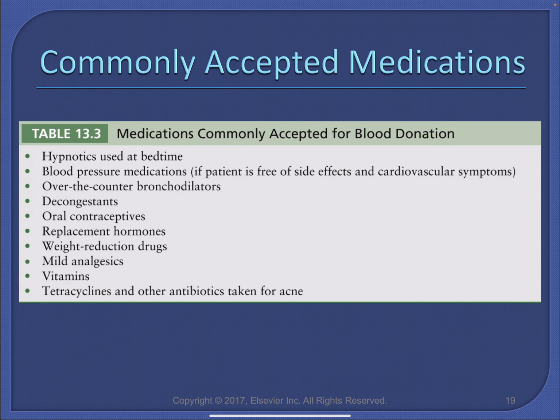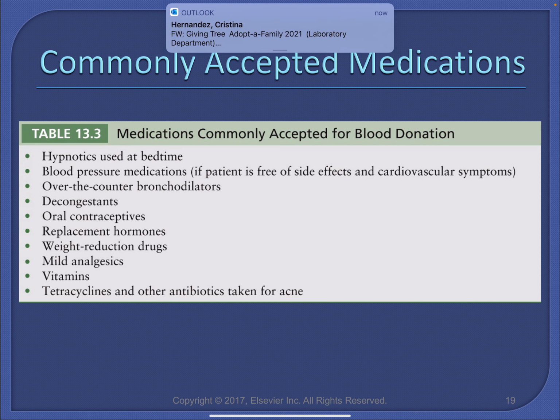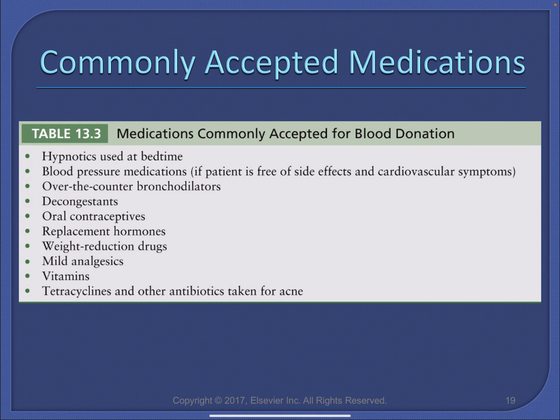I keep saying patients. Okay, there are certain medications that cause deferrals based on the disease process that requires the medication, but not because of the drug's properties. It's more about the diseases that these medications are treating. So you have things like antibiotics, anticonvulsants, anticoagulants, insulin, antiarrhythmic drugs.